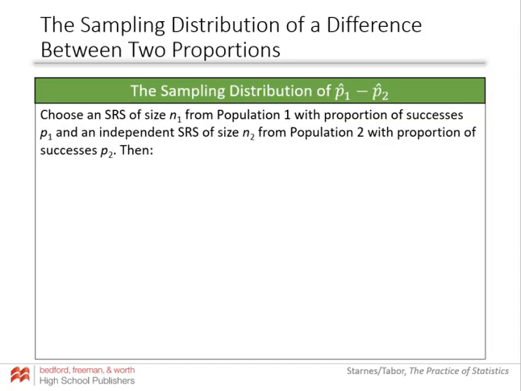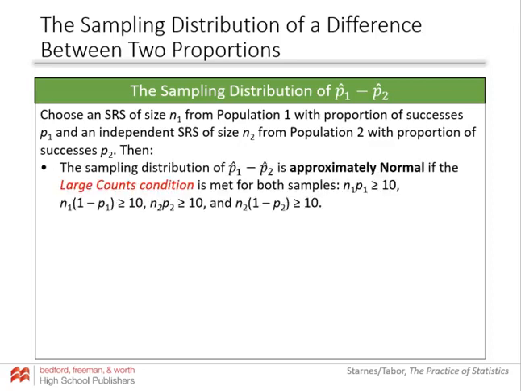Okay. So just to kind of sum it up, all right, one thing is we have to have two independent samples, okay? So the way that we get our sample from population 1 cannot have any effect on the way we get our sample from population 2. There can't be any overlap between them, all right? So the sampling distribution is approximately normal as long as the large counts condition is met for both samples.